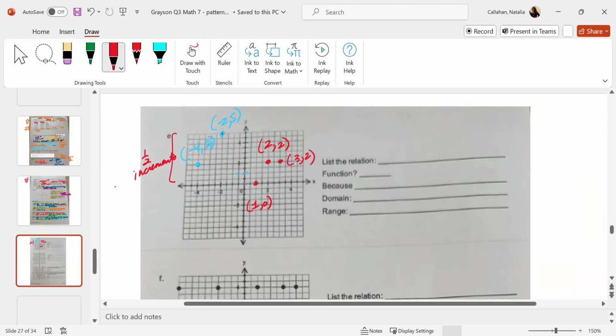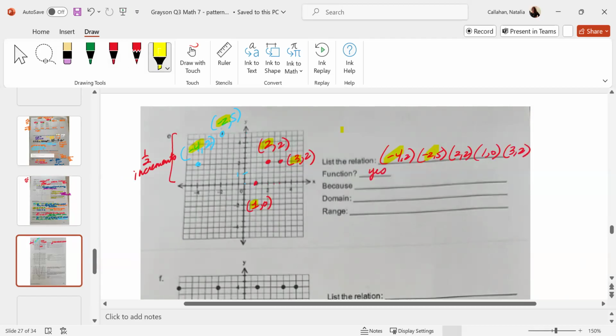There are 5 points. Is it a relation? Well, you've got to look at the x value. I don't think any of the x values repeat. Does it repeat? So, I'm sorry, list the relation first. This right here will just be the relation: negative 4, comma 2. Negative 2, comma 5. 2, comma 2. 1, comma 0. 3, comma 2. Is it a function?